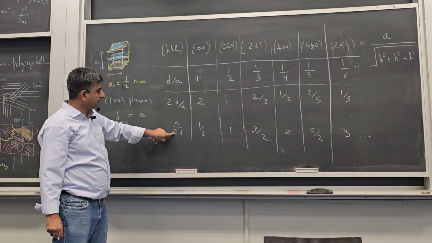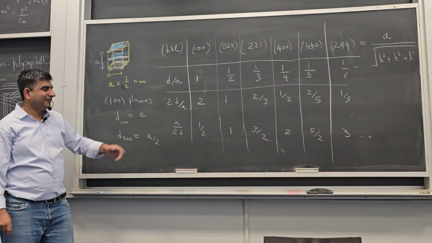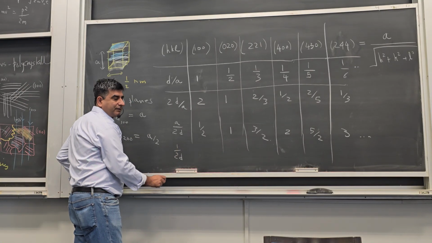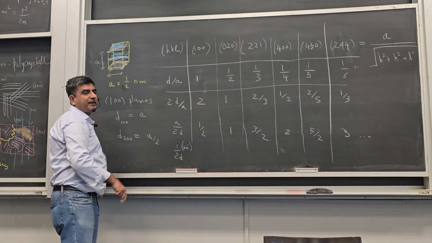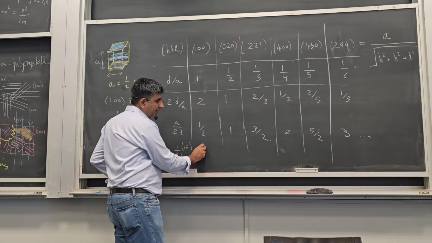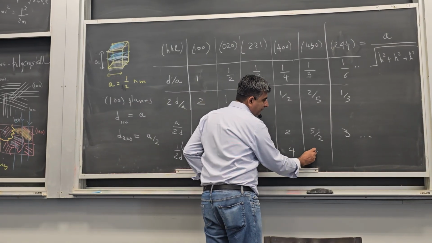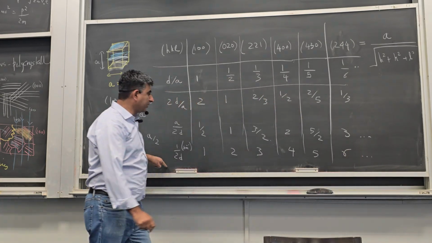I need to divide this by A. A is 1/2, so I multiply by 2. This is 1, 2, 3, 4, 5, 6, in nanometers. Okay, so this is my 1 over 2D.